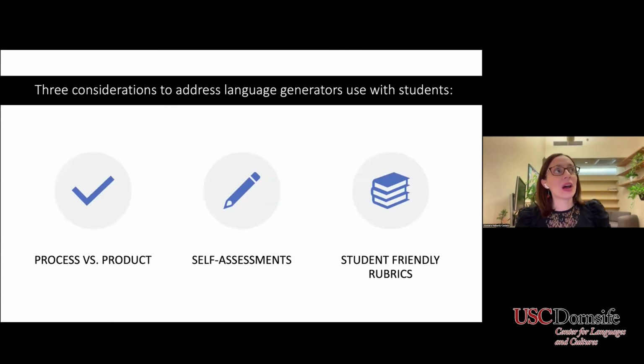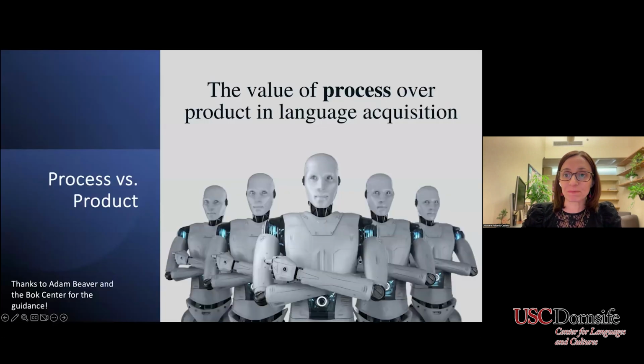When I was thinking about what to incorporate in these different tasks, I was thinking about three considerations: process versus product, self-assessment, and student-friendly rubrics.